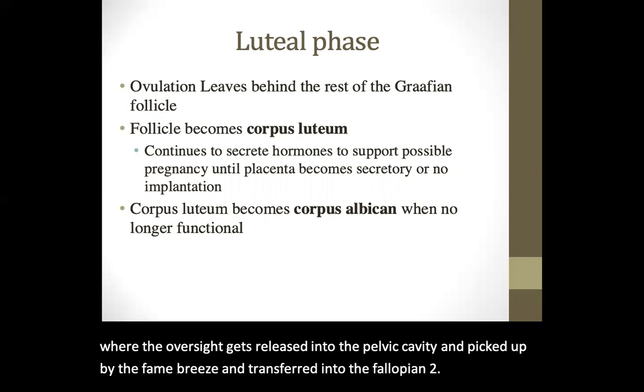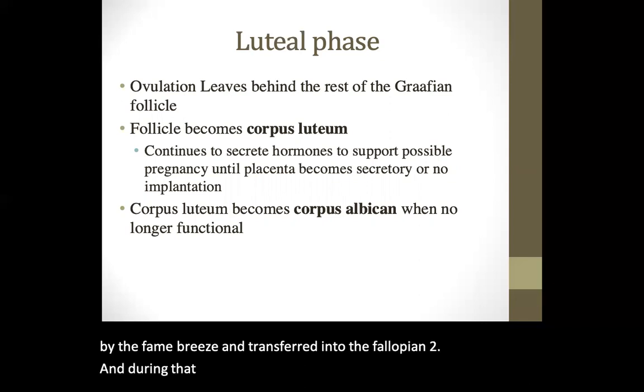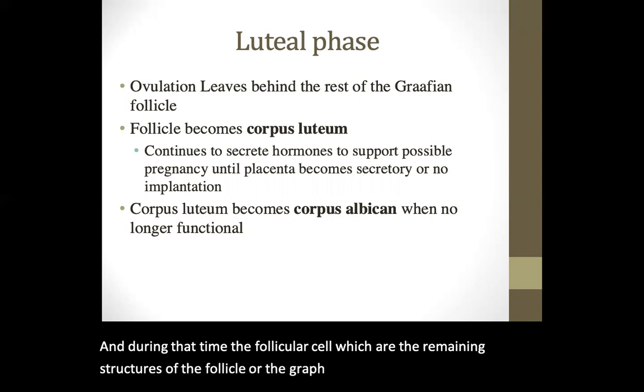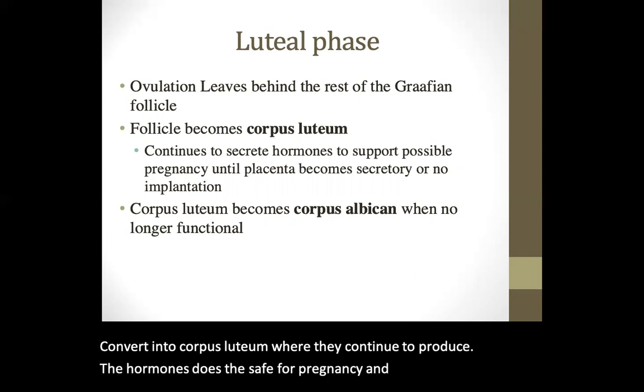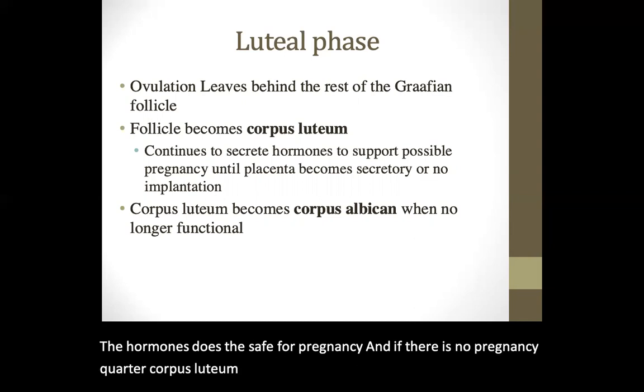And during that time, the follicular cells, which are the remaining structures of the Graafian follicle, convert into corpus luteum, where they continue to produce the hormones necessary for pregnancy. And if there is no pregnancy, corpus luteum degrades, leading to creation of what we identified as corpus albicans.